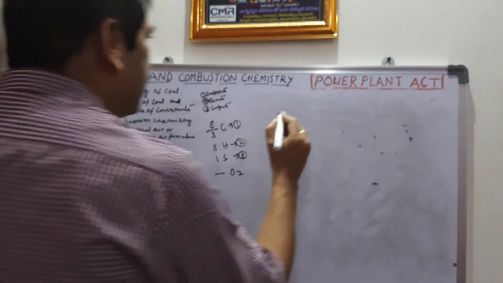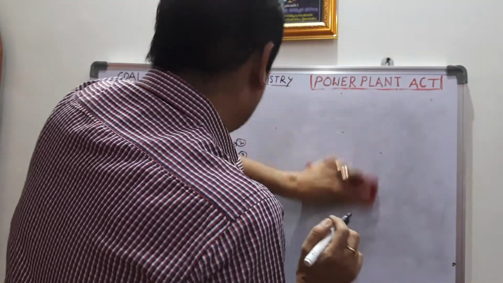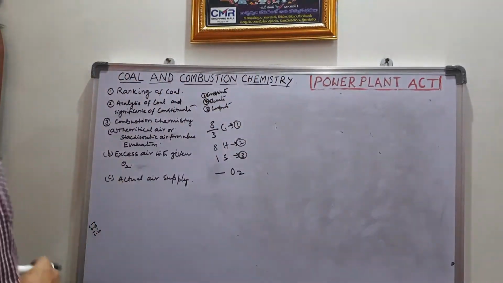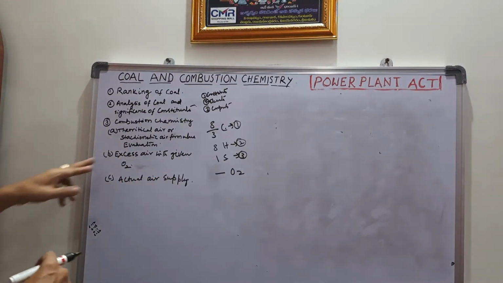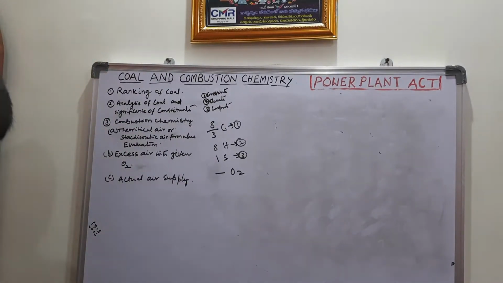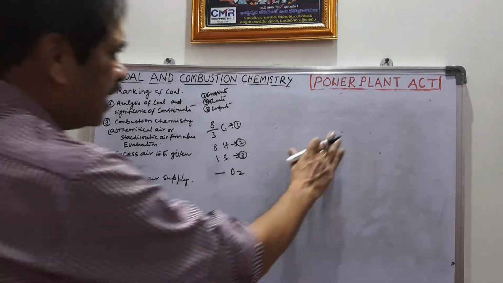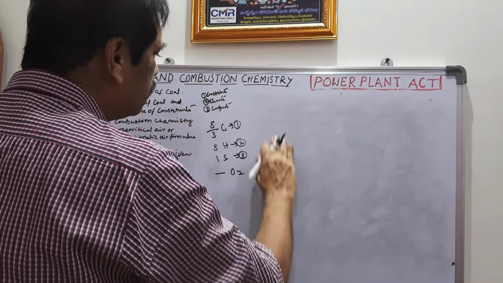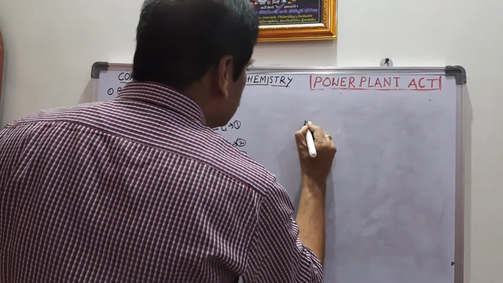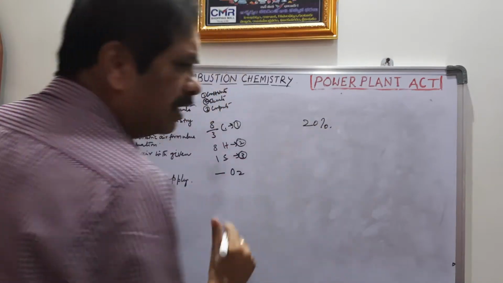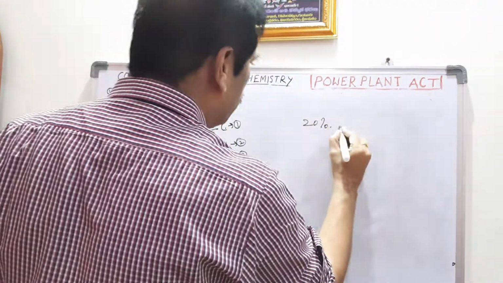So now we will find the actual air. What is the advantage and disadvantage of this excess air? Suppose there is a standard for excess air. Suppose a coal fired boiler needs 20% excess air for coal firing.